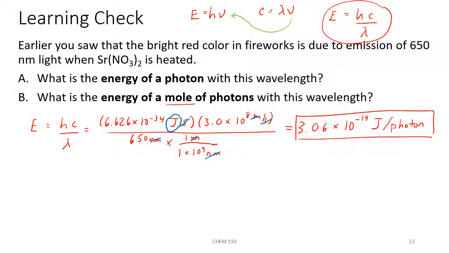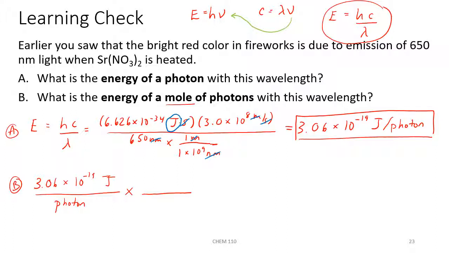In part B, we want to know what is the energy of 1 mole of photons. So starting with our energy that we just calculated, first we did A, now we're doing B, 3.06 times 10 to the negative 19th joules per photon. If we use Avogadro's number, we can figure out how many things per mole. We've seen things be atoms, molecules, ions, but things can also be photons.